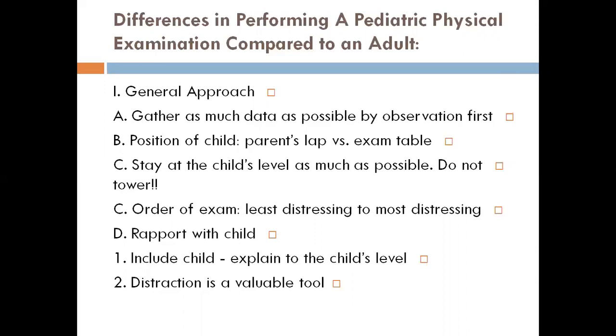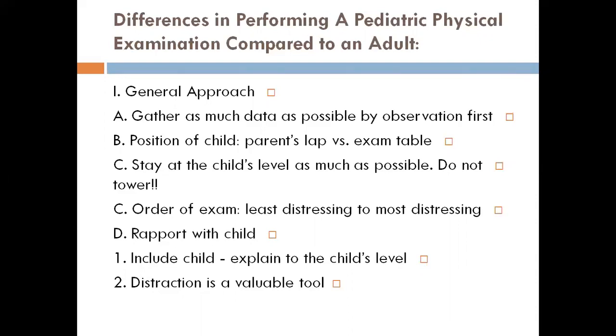Stay at the child's level as much as possible and do not tower. ما راح أوقف فوق راسه، ما راح أكون أعلى منه، أنا أريد أكسب ثقته، وهذا راح يسهل لي عملية الإكزامينيشن مال الطفل، فأكون بنفس المستوى. إذا الطفل كان بحضن أمه أنا راح أجيب كرسي وأقعد بصفه، وإذا كان هو على التيبل of the examination I can sit to let myself be at the same level with the patient.